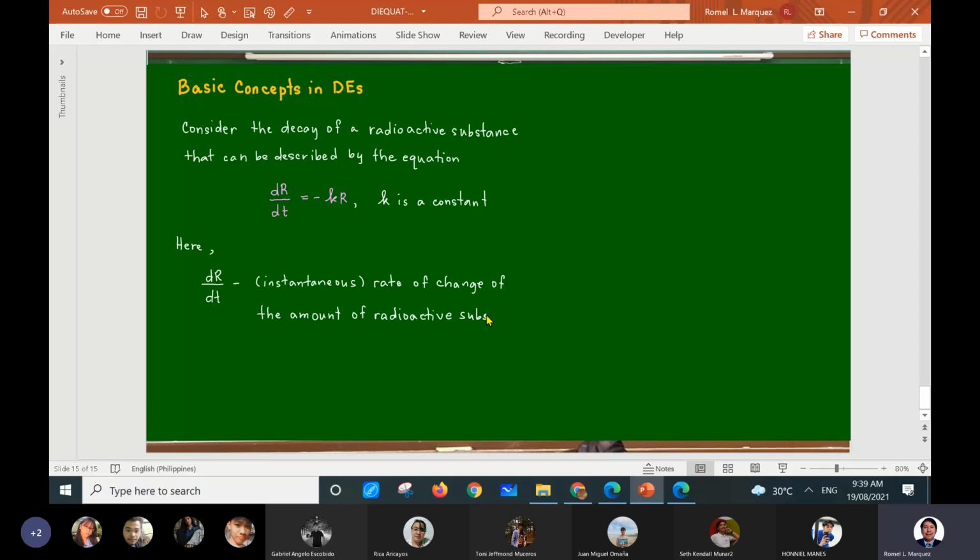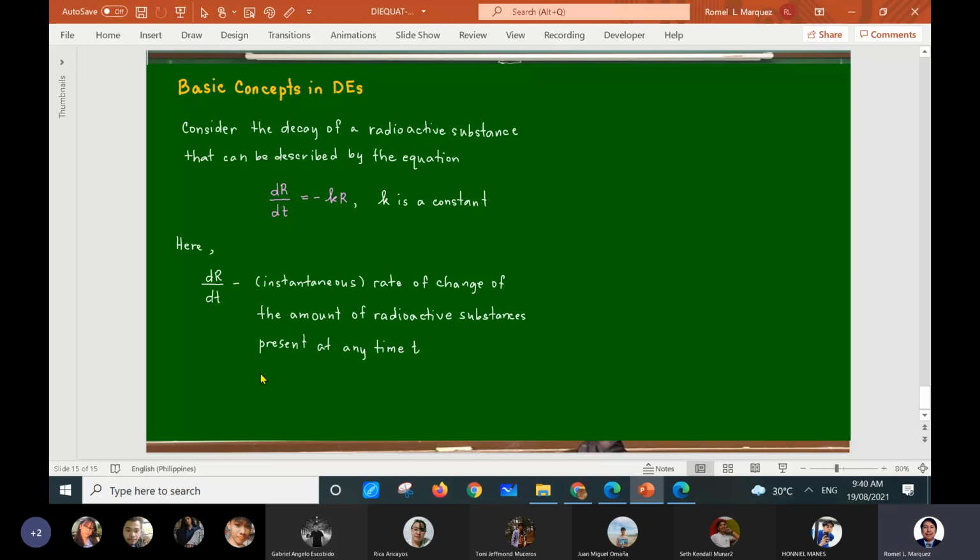Do you still remember in your chemistry those that are radioactive substances, guys? Like for instance, I think titanium, radium, present at any time t. Okay?